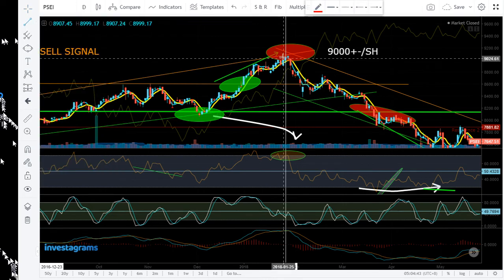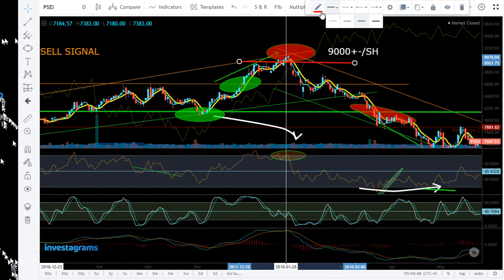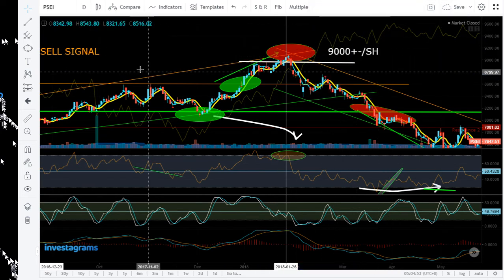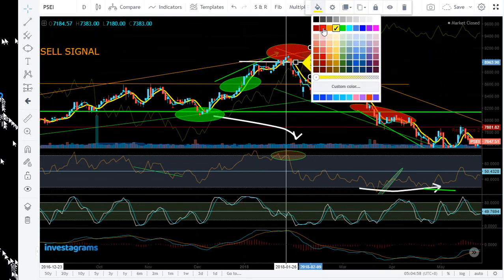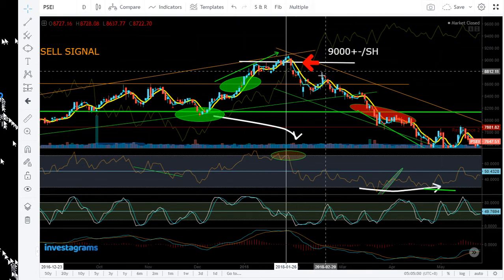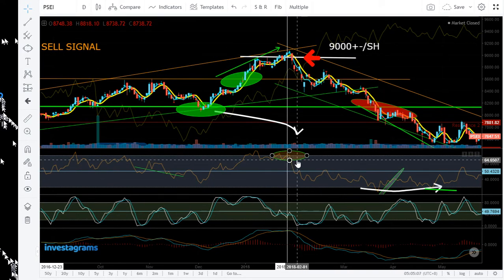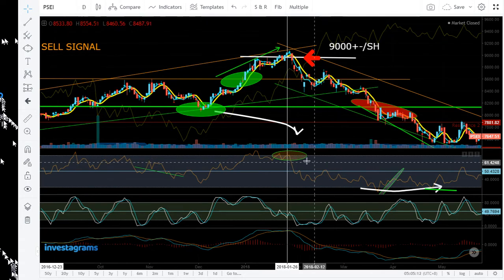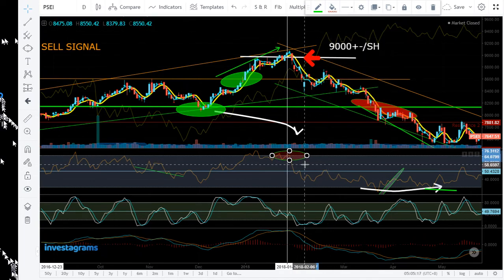So you have to execute now your sell entry here, because the candlestick went down below the yellow color, and on the RSI level, the RSI was on the overbought level. So this is now your sell entry also.